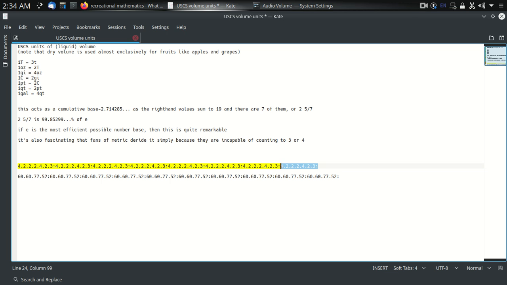I think that's something that maybe people who are just mindlessly pushing metric should consider. Maybe you don't know what you're talking about. Maybe there is wisdom in these old ways that you want to crush because you're stupid. And you can only count by 2s and 5s because you're a dumb monkey. Just a thought.